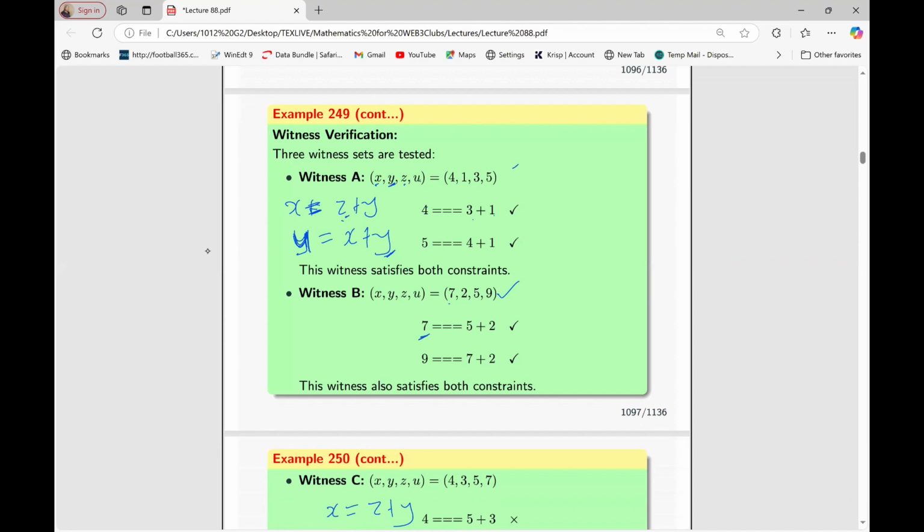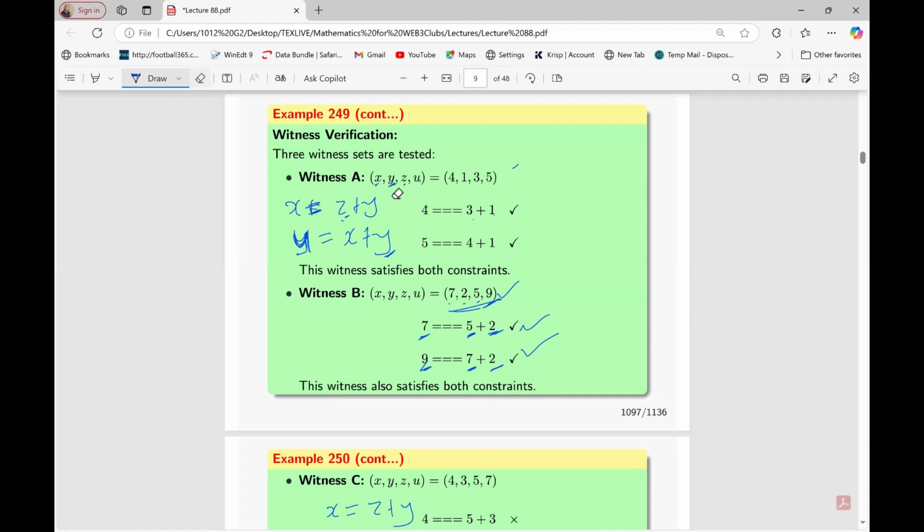Then z is 5. Then y is 2. So this is correct. Then what about u? u is 9. Yeah, this is now correct. u is 9. Then x is 7. And then y is 2. And again, this witness is correct.